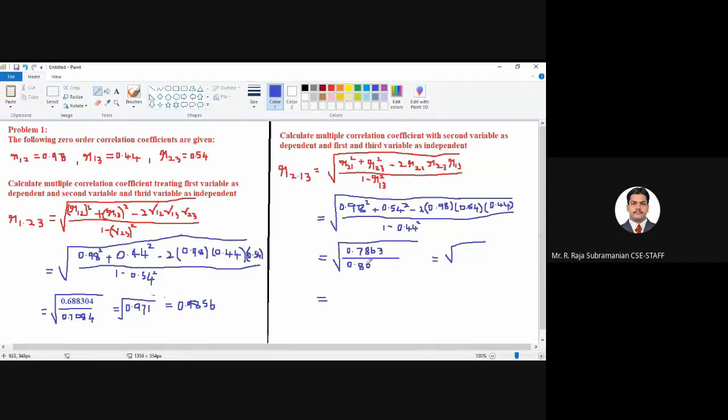Great. And the division of 78 by 80 is around 0.9 something, right? 0.975. And the result is 0.9874.